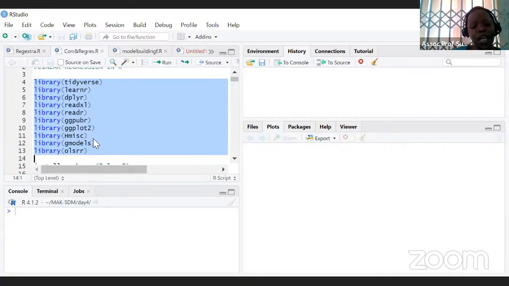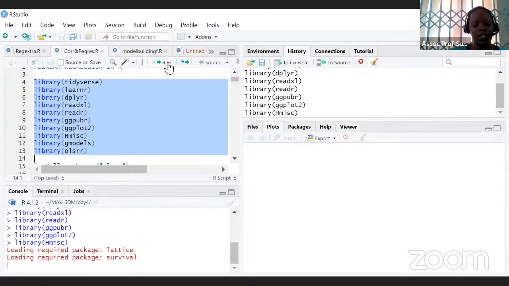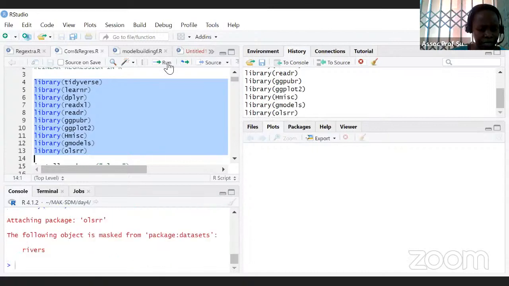We just use the command install.packages. In inverted commas, you put in the name of the package. And after installing, you click the run button. If you get red, don't get scared. So long as it doesn't say not installed, if it says installed or the package is okay, then you don't need to worry.